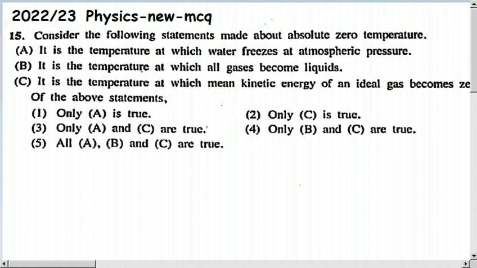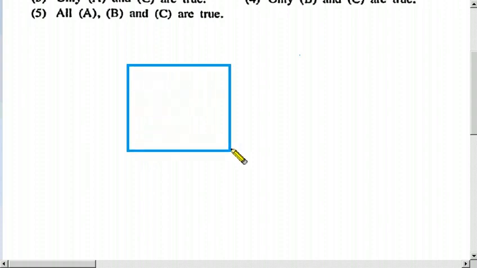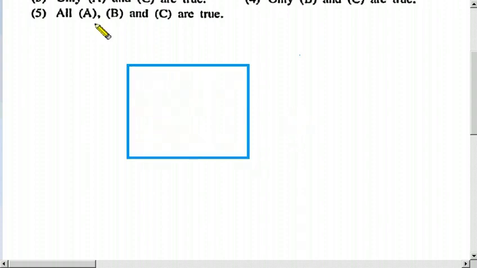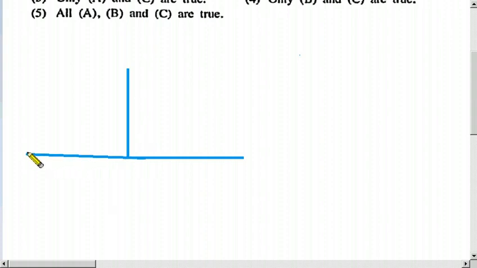So children, where do we learn about absolute zero in physics? In the lesson on heat, when we learn about gases, we learn Charles law, Charles first law and second law.